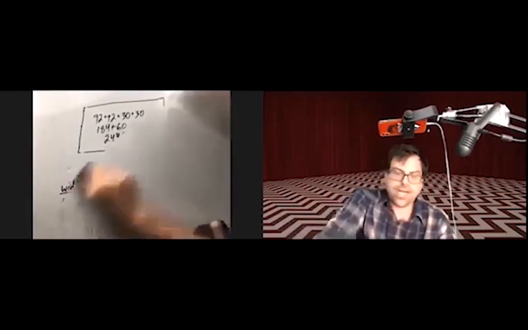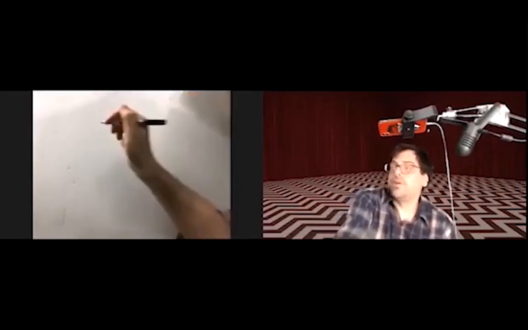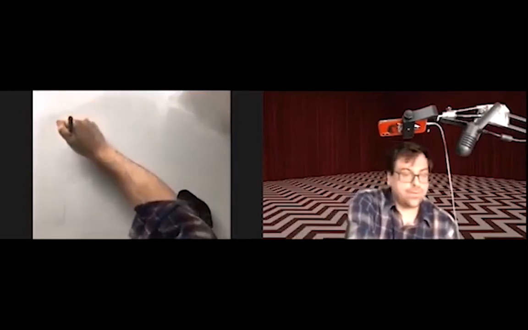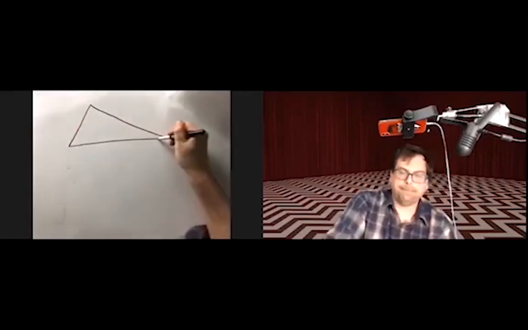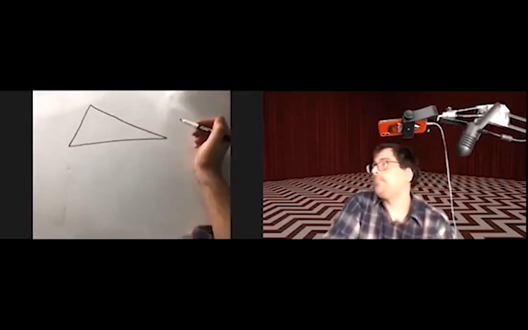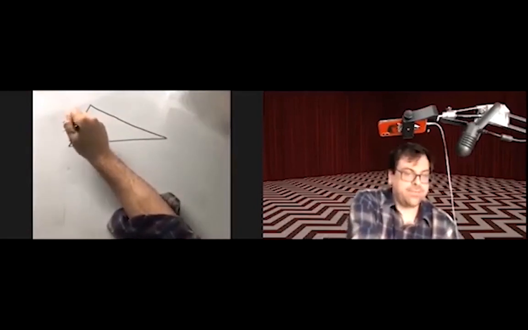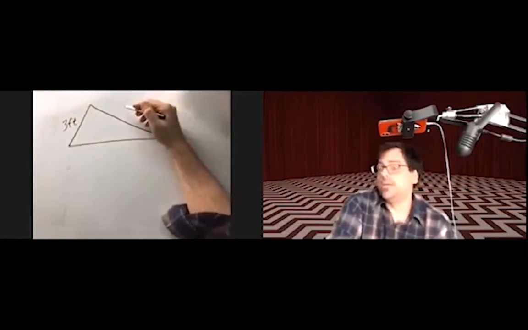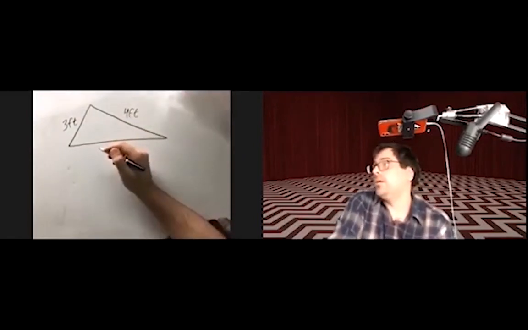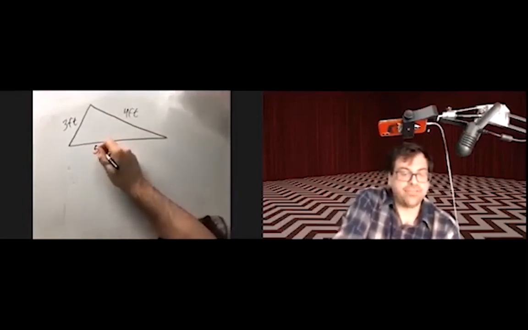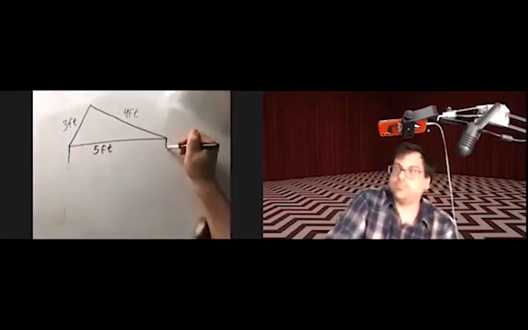Let's say we had a triangular shaped billboard. That's 3 feet over here and 4 feet over here and 5 feet over here. It's a billboard.